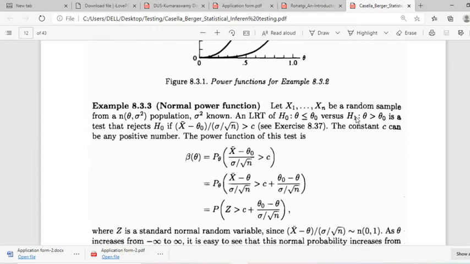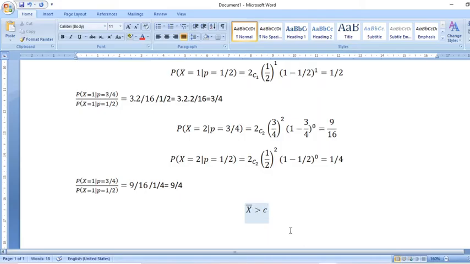So we can modify. We can subtract the value theta naught on both sides. Let us consider this as some d.